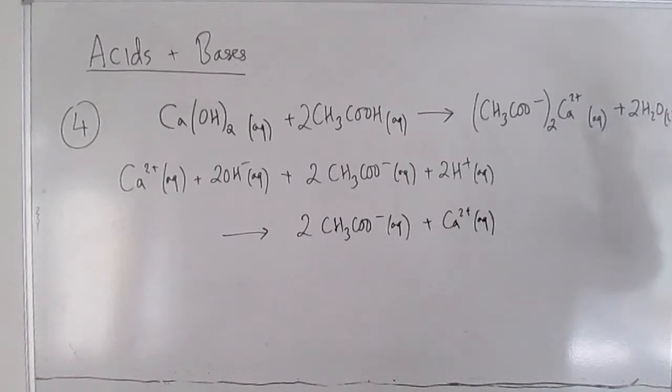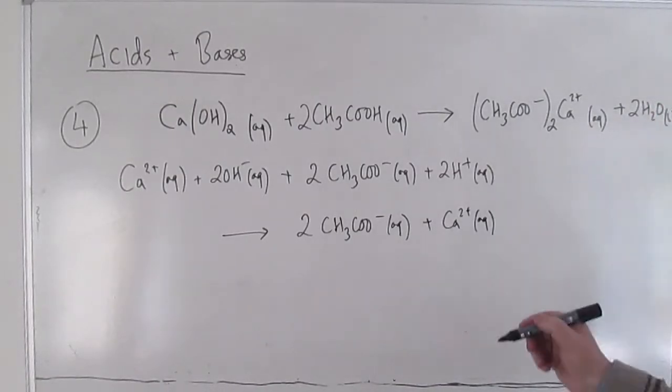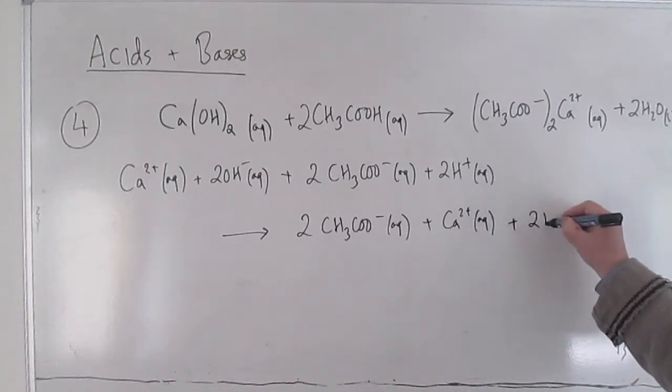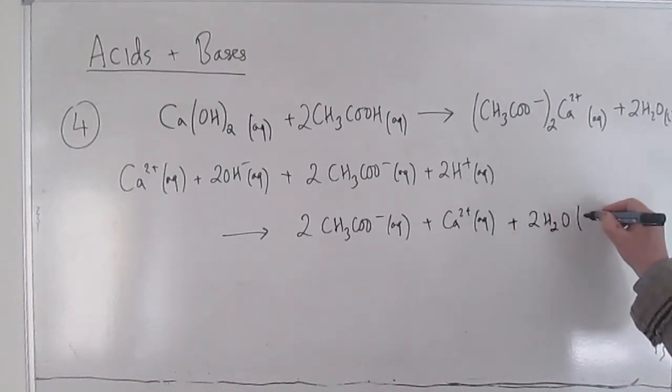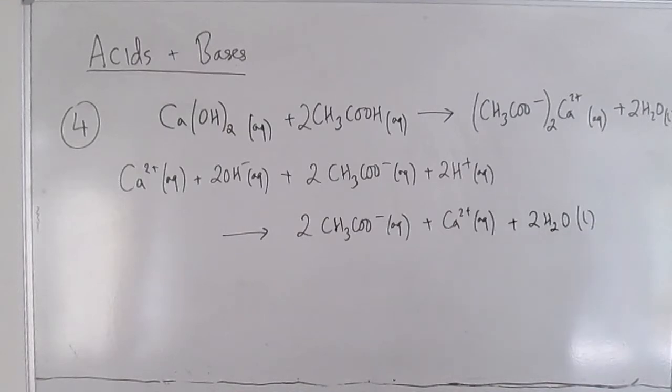Water, on the other hand, is a molecule. A tiny, tiny bit of it is broken up into ions, which is something we'll look at later, but so small that we ignore that for these purposes and say, right, water is just molecules. So we don't write them as separate ions because they're not.